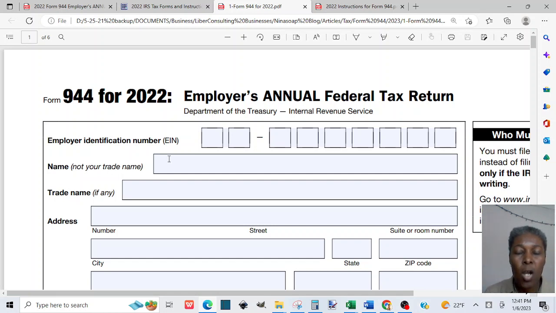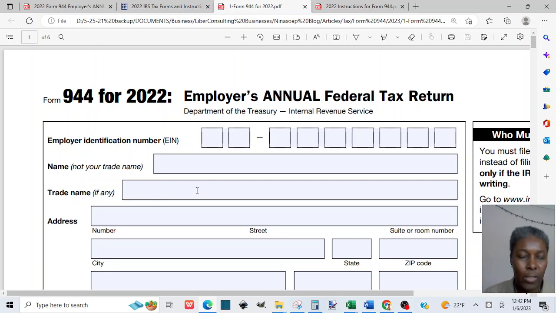So for an LLC taxed as an S corp, the name that will go on the line is your legal name. Like on your EIN application form, there is a line for the legal name of your business, and you put your business name. So that name will go on the first line, the line for name. And then if you have a trade name, you put it on the trade name line.